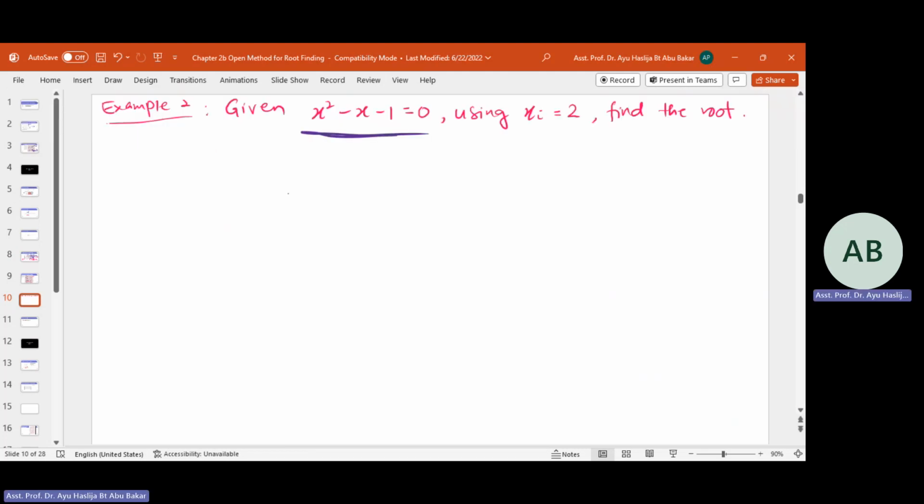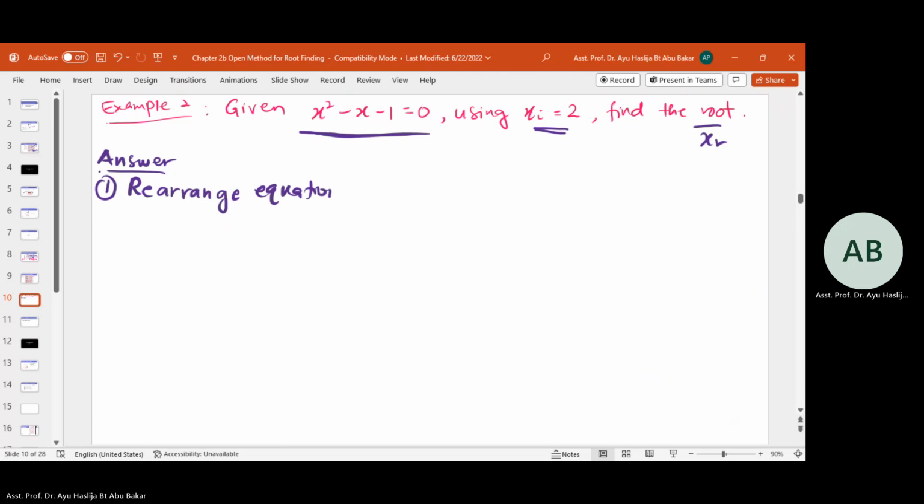This is the equation, f(x), and the starting point. It asks you to find the xr. Now, first step, you should rearrange the equation. Sorry, to add to the question here: find the root using fixed point iteration. Because if it doesn't mention what method you need to use, you can use any method in your answer.